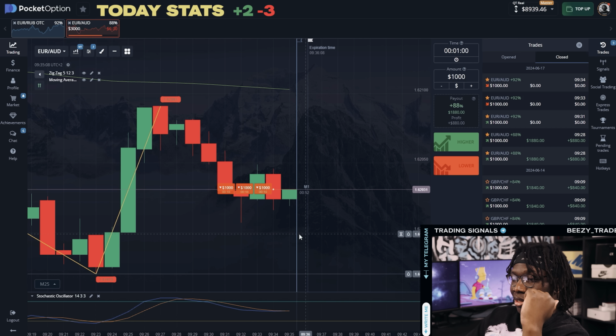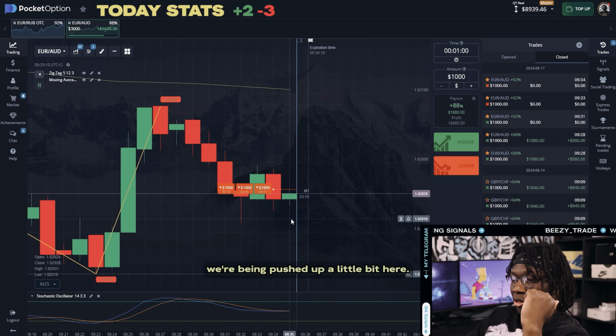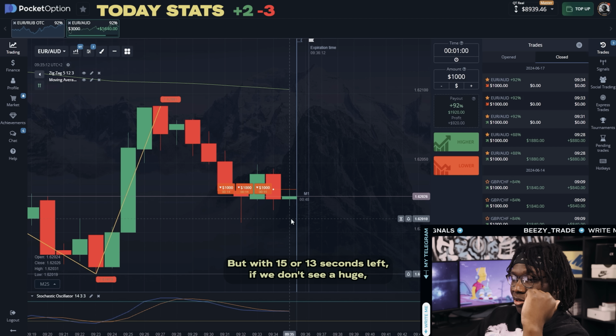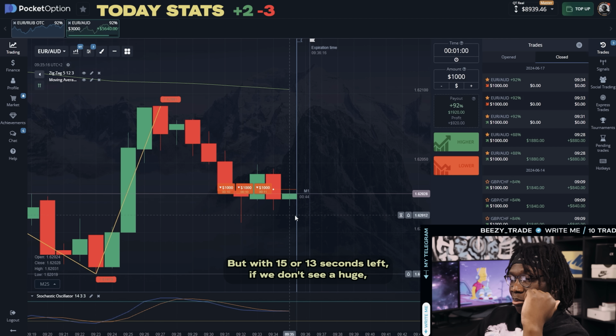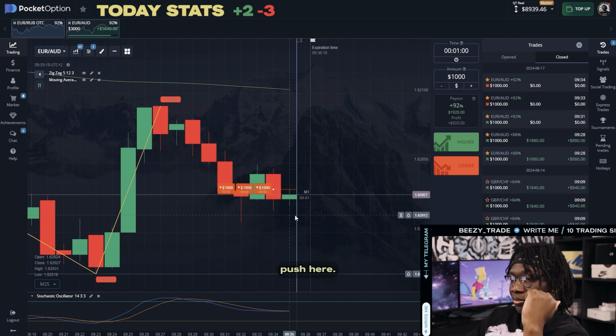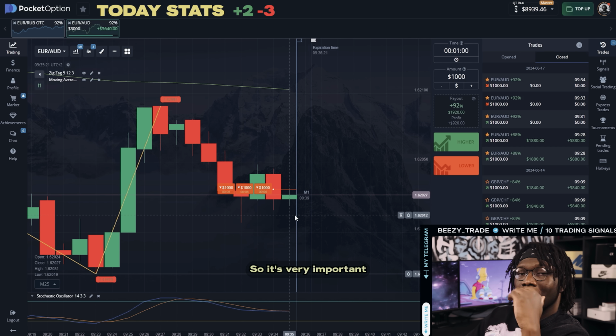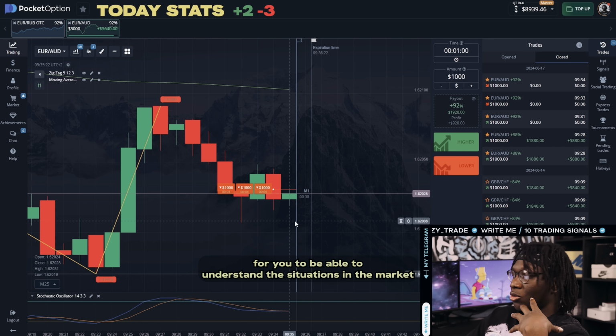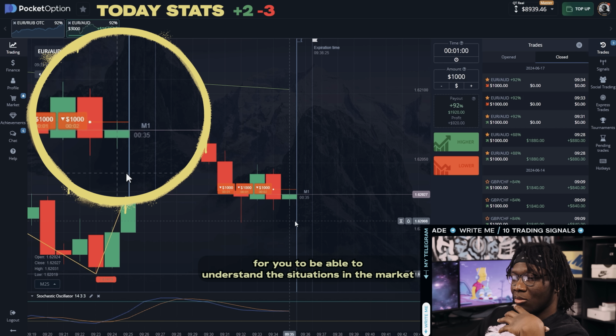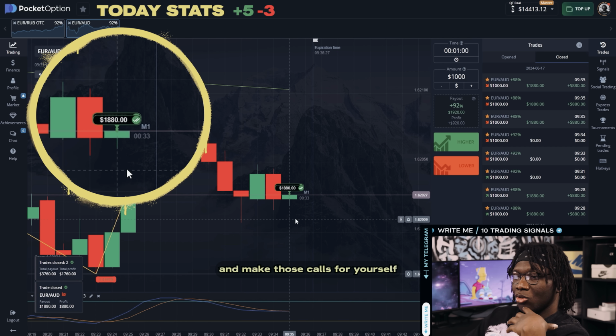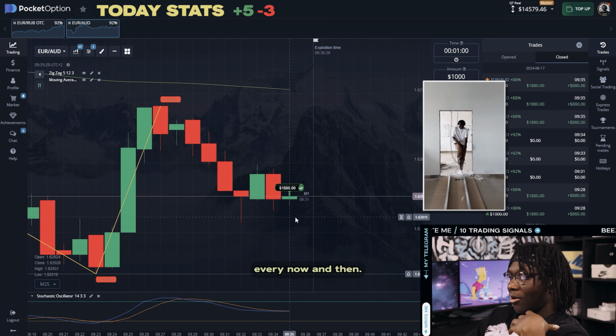And as you can see, we're being pushed up a little bit here, but with 15 or 13 seconds left, if we don't see a huge push here. So it's very important for you to be able to understand the situations in the market and make those calls for yourself every now and then.